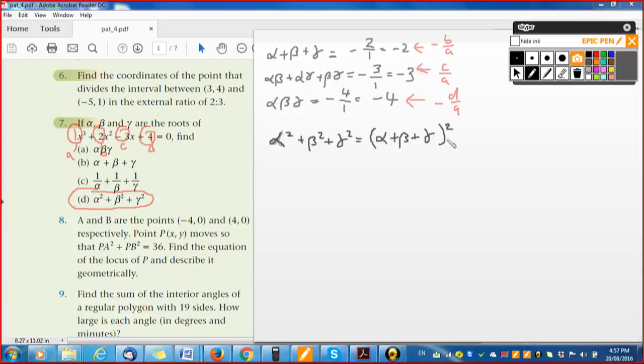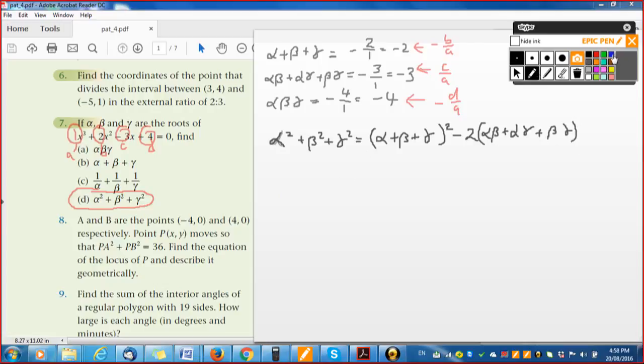Because it's basically from experience. And then over here, you've got minus 2 lots of alpha beta plus alpha gamma plus beta gamma. Can you see what's going on?